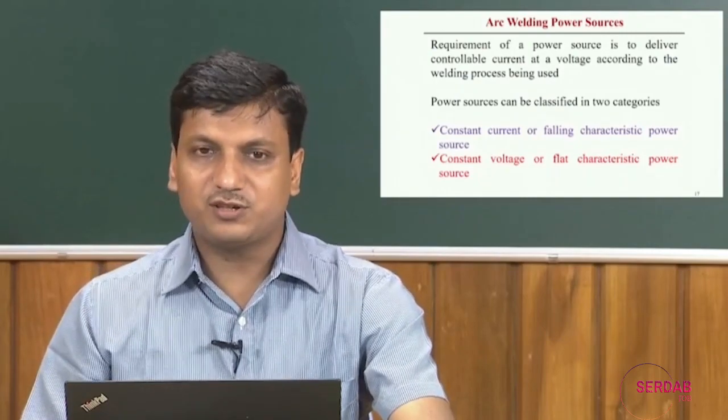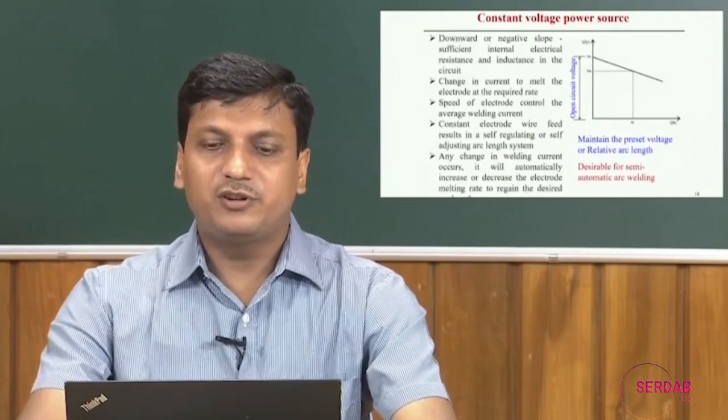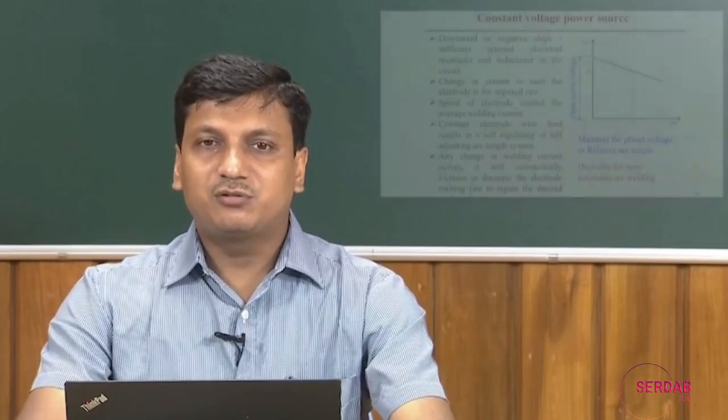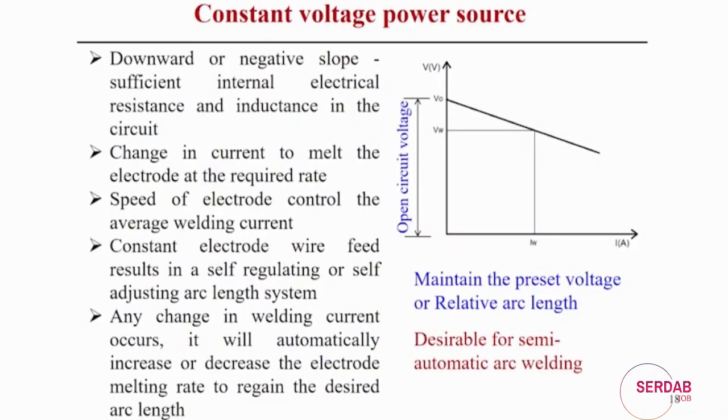Let us see the first one, the constant voltage power source. What are the typical characteristics of this type of power source and why is it required? First, this type of power source can be used in semi automatic arc welding process.